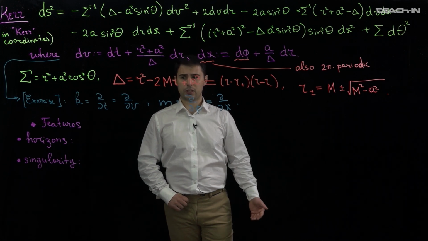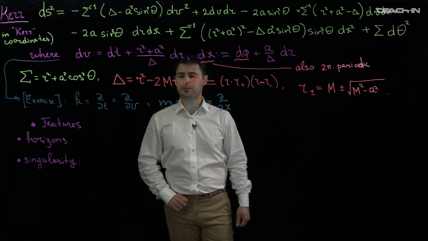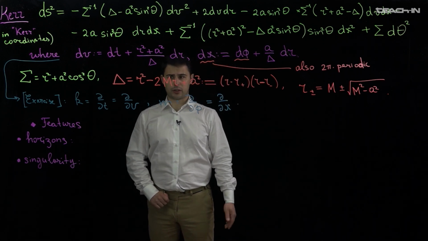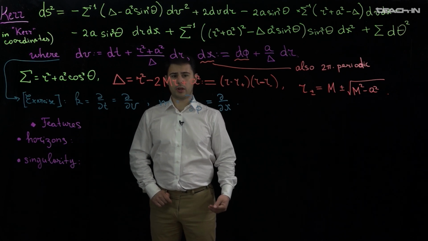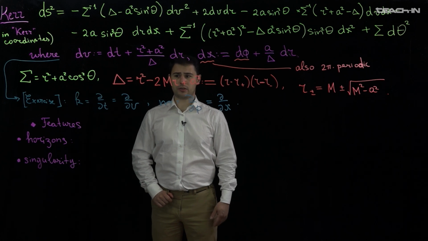We will discuss it later when we will start drawing the diagrams. So, the two Killing vectors in the new chart correspond to the d over dv and d over d chi vector fields. And checking this remains an exercise.